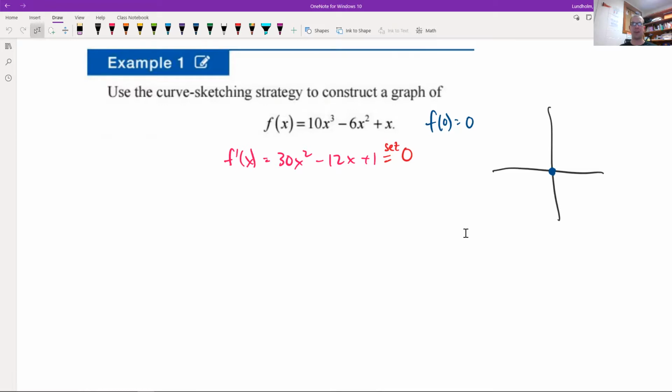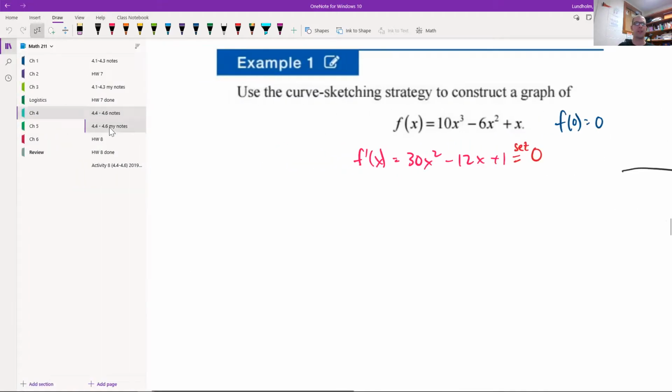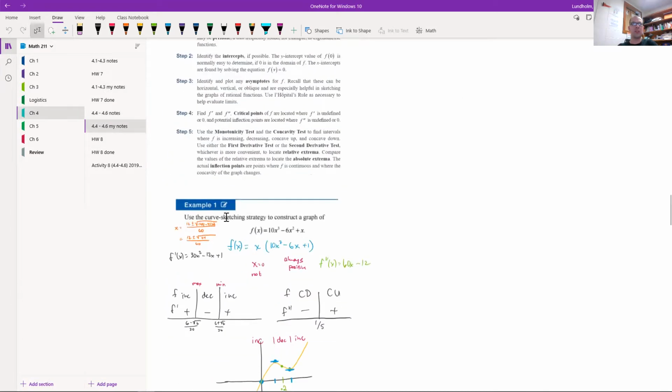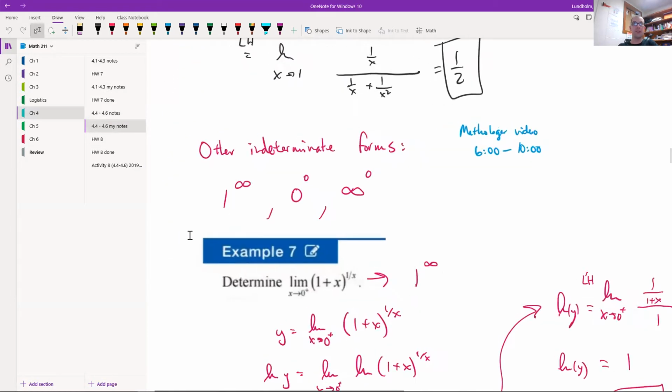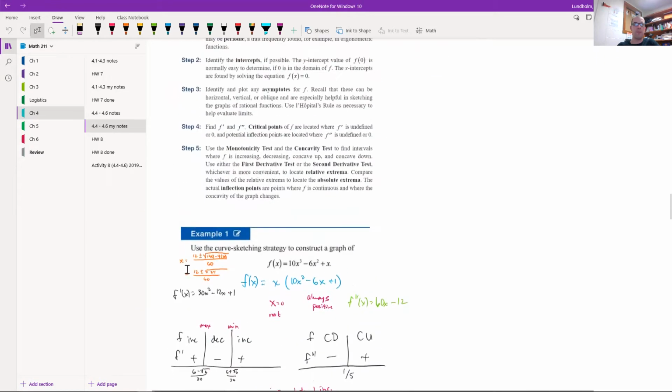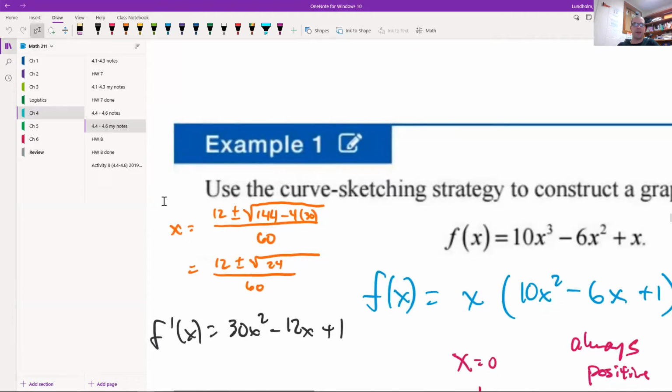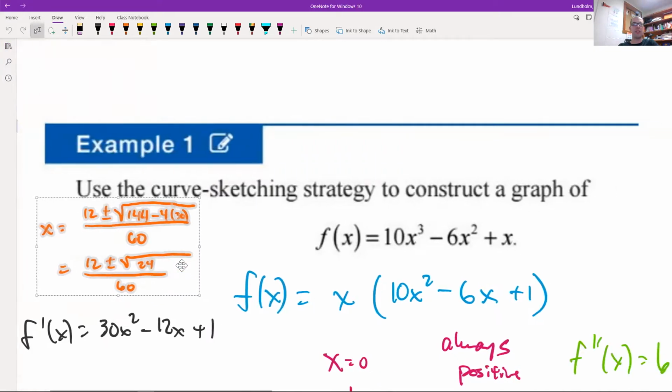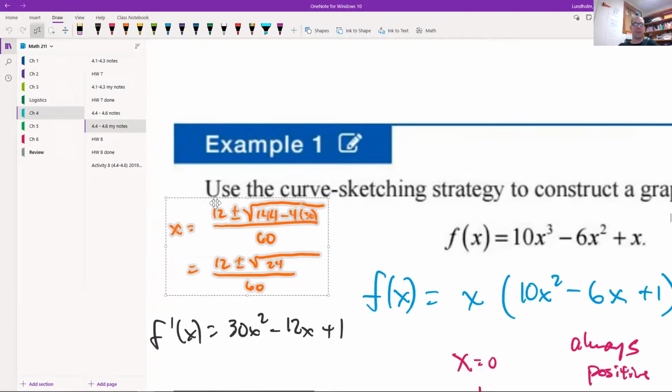Setting that equal to 0 doesn't give us something very nice to factor, I don't believe. I think we get some weird stuff. Quadratic formula. Let me check. What happened? I was zooming in. All right, let's bring this over. Yeah, this is gross. Actually, now let's keep going.